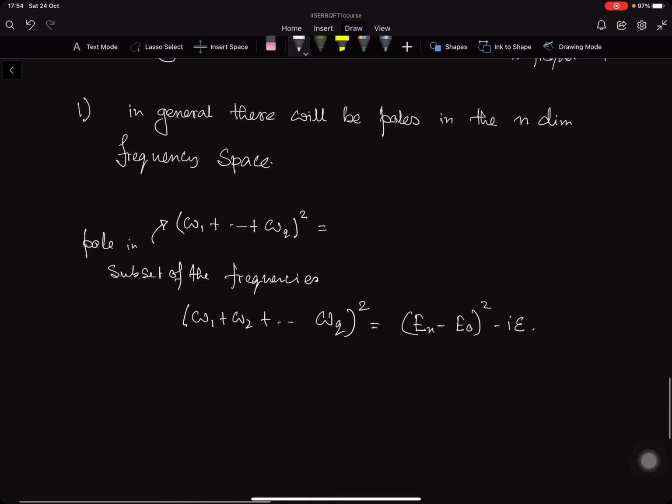And the residue is simply given by the overlap.